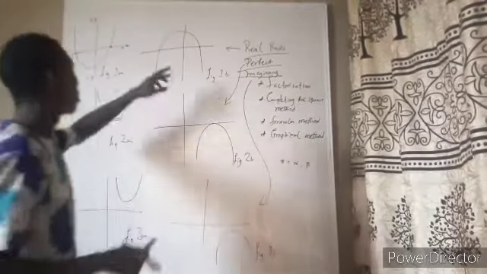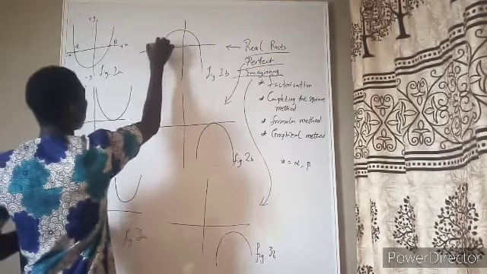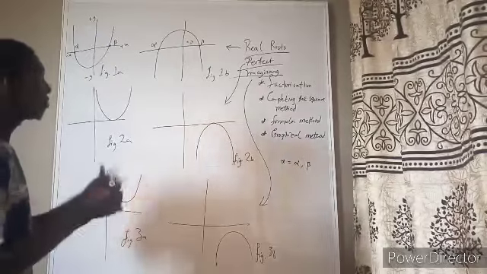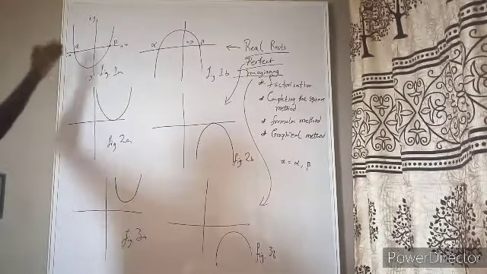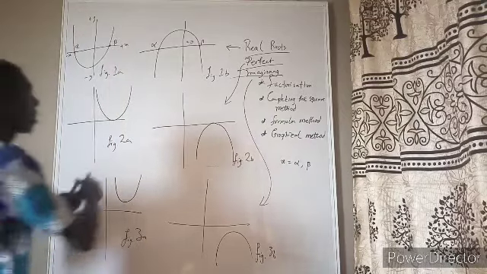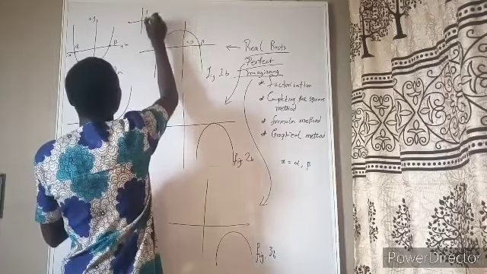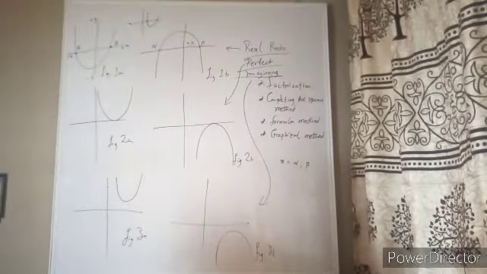Let's assume this is my alpha, this is my beta. I'm getting real values. If this is -5, this may be -2. If this is -4, it can even be like this, provided it is cutting the x-axis at 2 points.